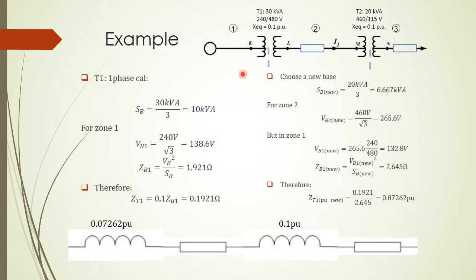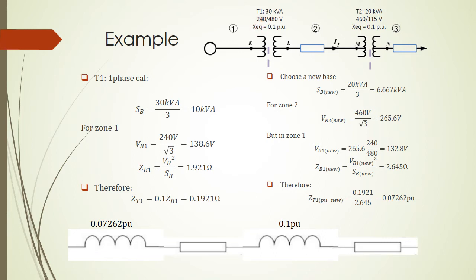So let's have a look at our example. We have two transformers. The number here, 30 kVA, is the 3-phase rated power. 240 and 480 here indicate the voltage on the primary side and the secondary side. It doesn't say line to neutral or line to line, and by default we understand that it is line to line.